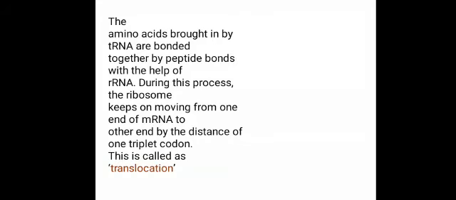During this process, the ribosome keeps moving from one end of the mRNA to the other, a distance of one triple codon at a time, and this movement from the first amino acid to the last amino acid is called translocation. Now this is about transcription, translation and translocation.